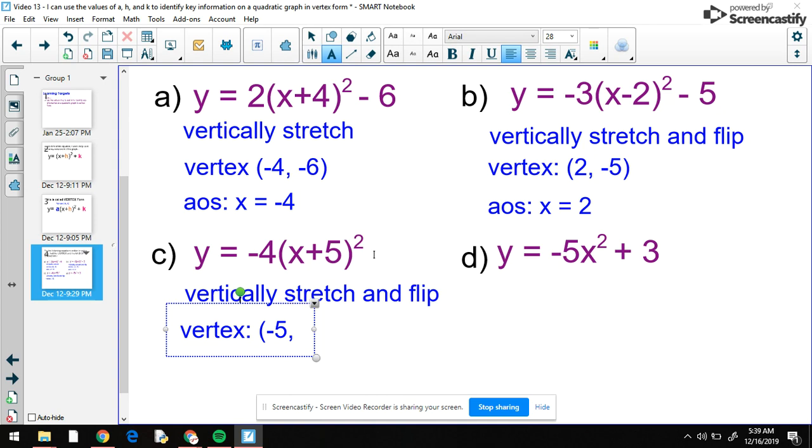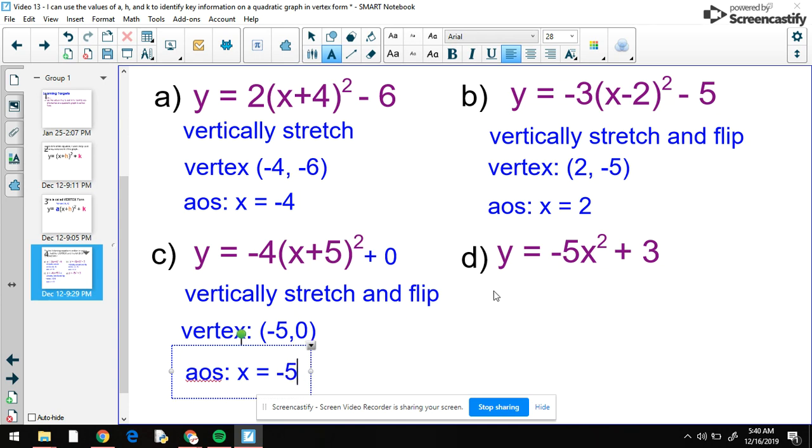But what I want you to remember here is that really when there's no k out here, there is a k value. They're just not writing the +0 that should be out there, just as redundant. So here, this is -5, comma, our k value of 0. So our vertex would be (-5, 0). And then our axis of symmetry line matches the vertex point. So you would have x is equal to -5.